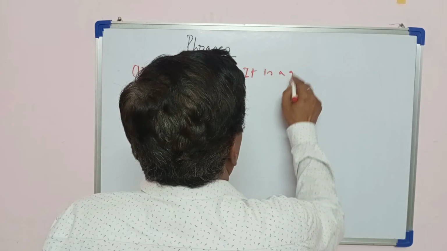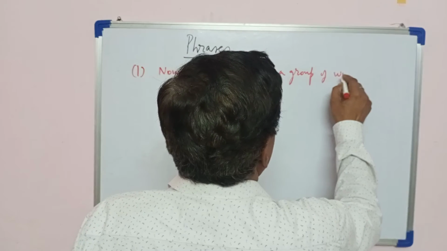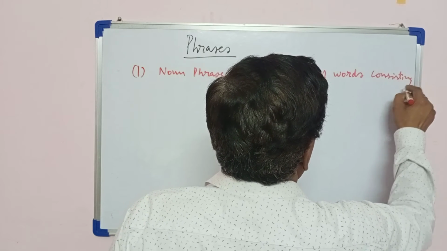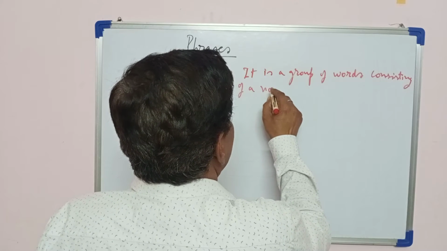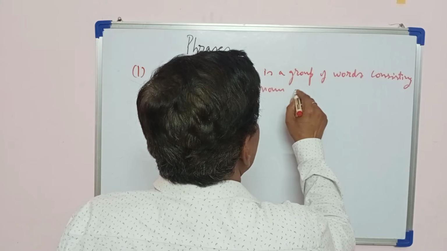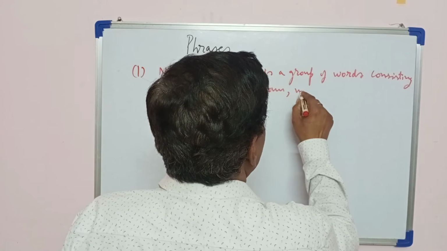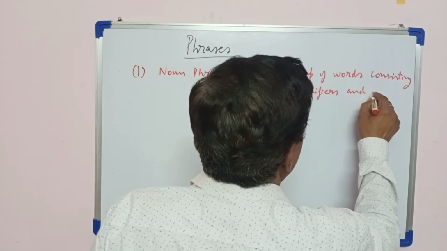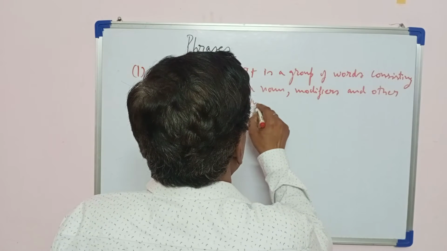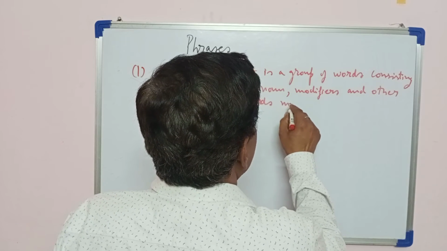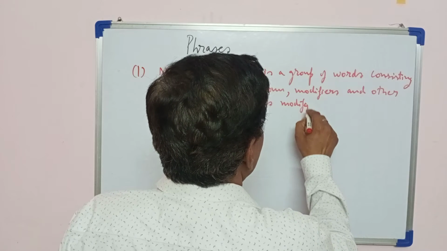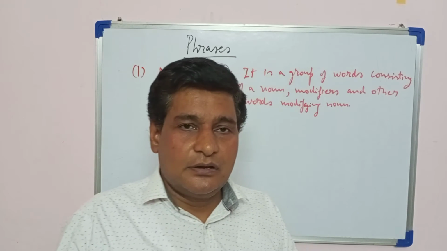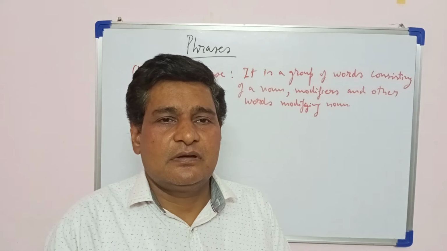It is a group of words consisting of a noun, modifiers and other words modifying the noun. This means there are a number of words.